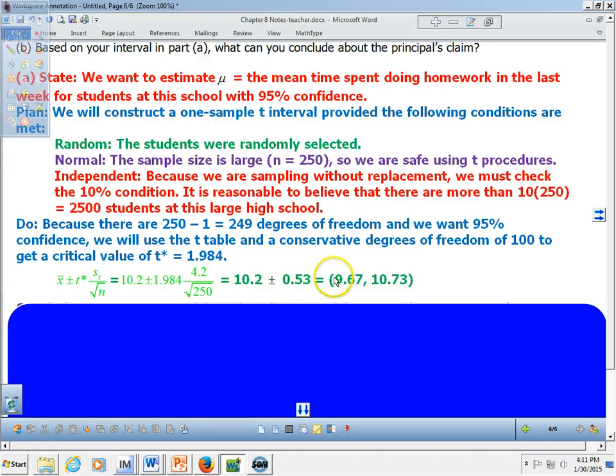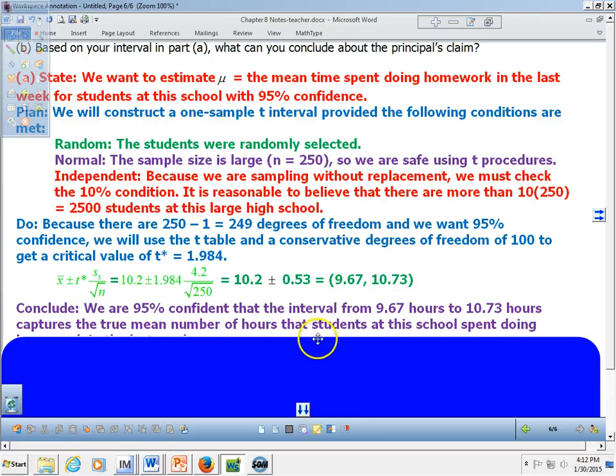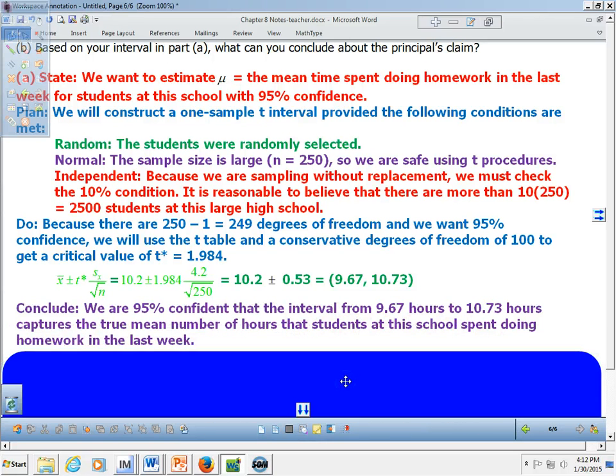You do all the work out here, add and subtract the margin of error to 10.2, and you get this interval. And now we need a nice conclusion. So we are 95% confident that the interval of 9.67 to 10.73 hours captures the true mean number of hours that students at this school spent doing homework in the last week.